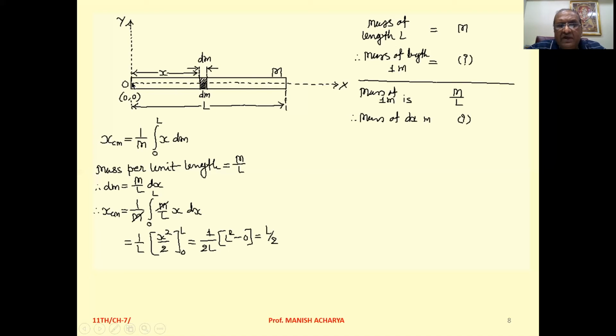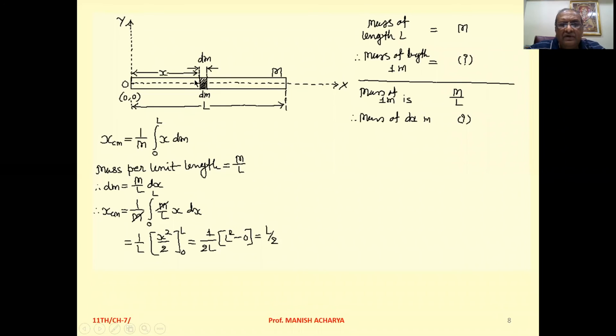Now here we have to divide this entire rod into so many infinitesimally small elements, and then we have to integrate from 0 to L, because we have to consider this type of element from x equal to 0 to x equal to L. So here see, limits are taken as 0 to L.